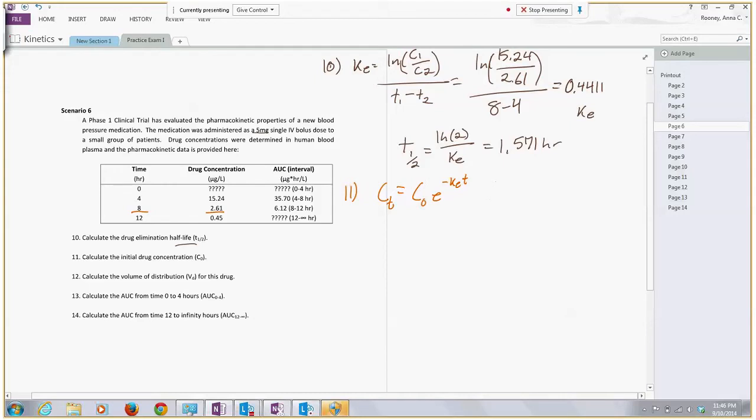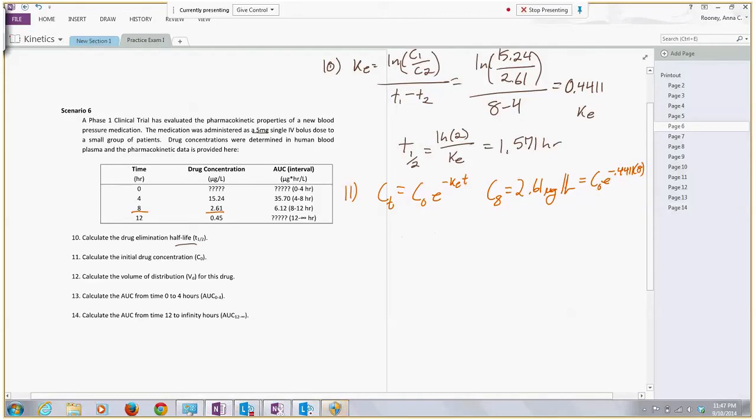So, C8 equals 2.61 micrograms per liter, and that is equal to C0 e to the negative 0.4411 times 8. Sorry, it's getting cut off over there.